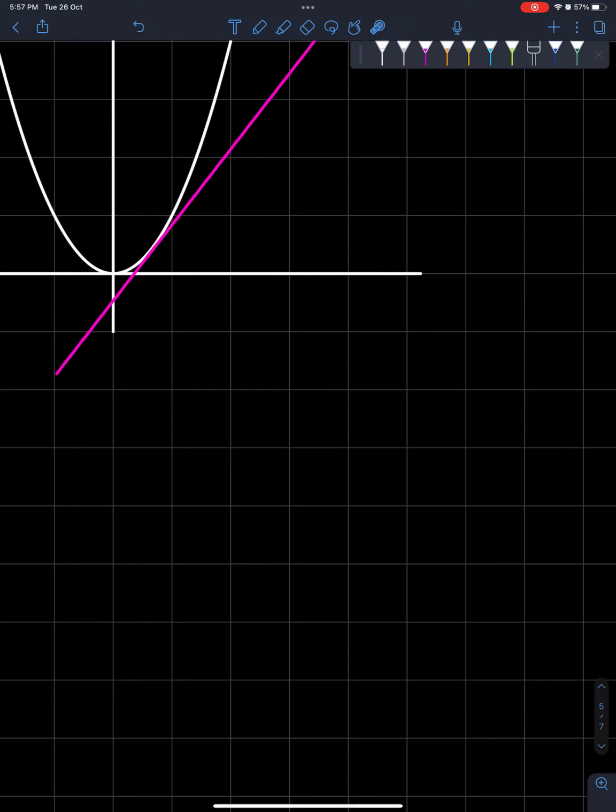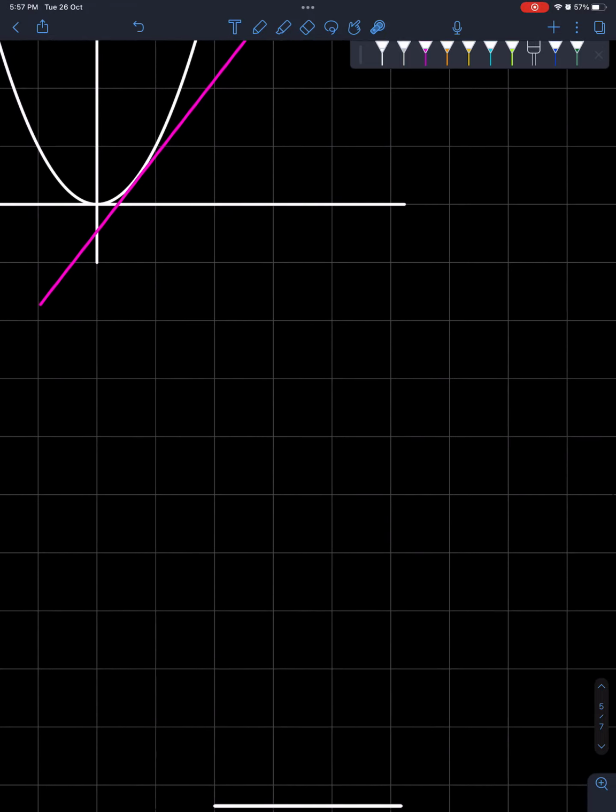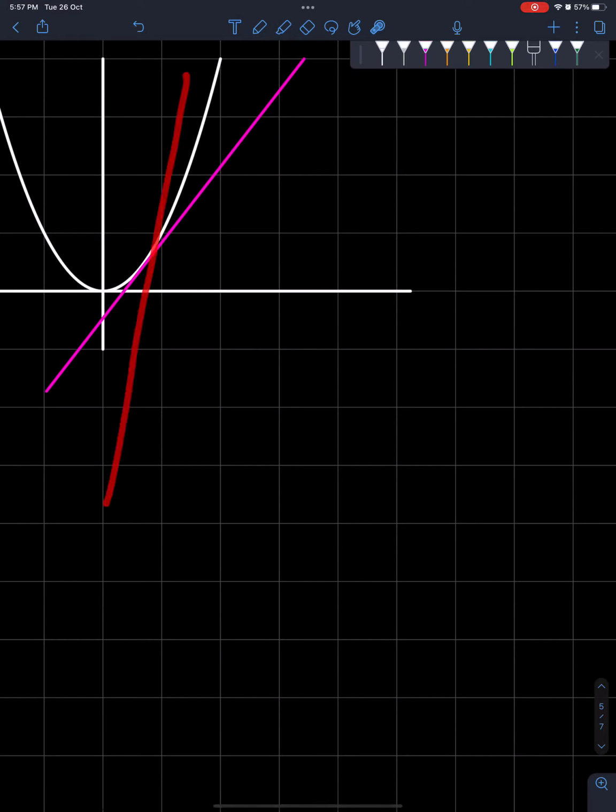But this definition is clearly not a correct one, because then this line would also become a tangent line, because this also intersects the graph at exactly one point, this point. So clearly just intersecting is not enough.